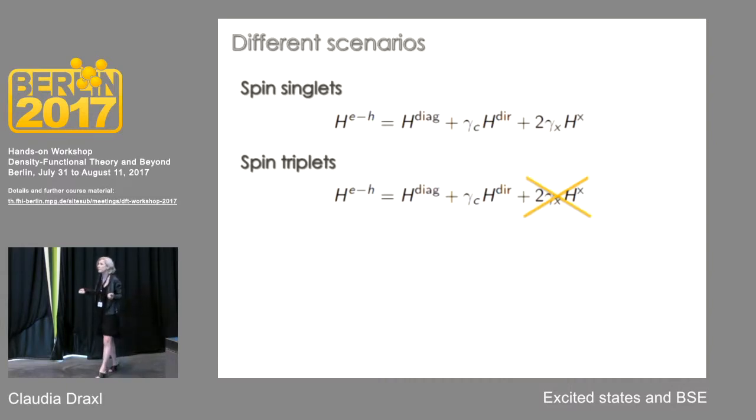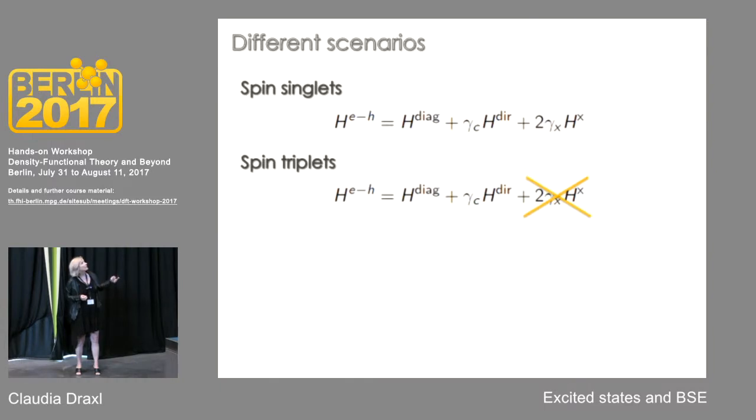So a triplet doesn't feel exchange, so it's only the attractive Coulomb term which counts. And of course, then you can imagine that the binding energies of triplets are larger because you don't have this term that's counteracting. However, if local field effects don't play a role, then they also can have a similar strength.